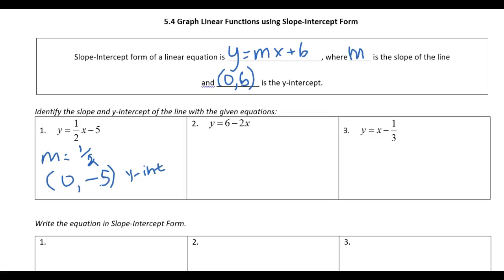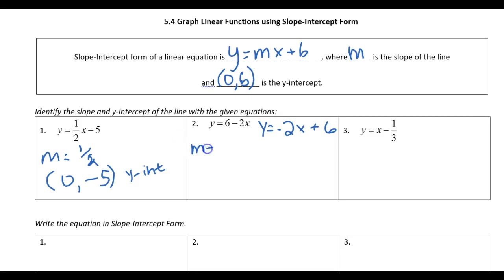All right, number 2. You can notice with this second equation here that it's actually not in the correct form. You can still pick off the slope and the y-intercept without having to rearrange it, but if you would like to, I'm going to rearrange this to y equals -2x plus 6, because we can see here that -2 was in front of the x, and so if I put that up front, that's actually the part for my slope, and my 6 in the equation is a +6, so I put plus 6 at the end, which makes it very easy to identify our slope first.